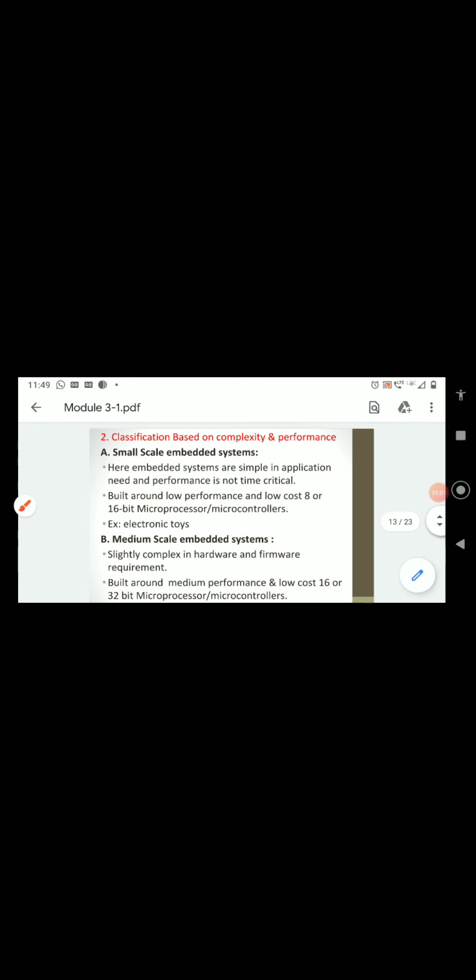We'll start with the small scale embedded systems. Here the embedded systems are simple in application need and performance is not time critical. This is very important. They are very simple in the design part or application part, and the performance is not time critical.